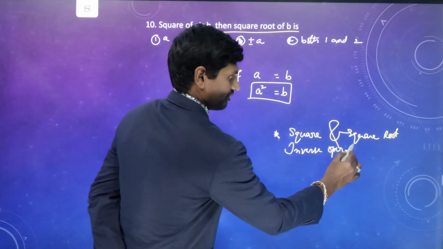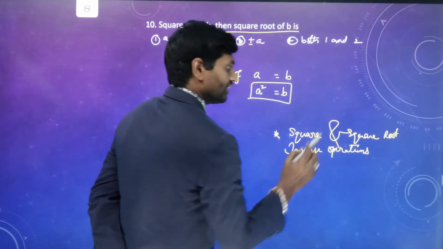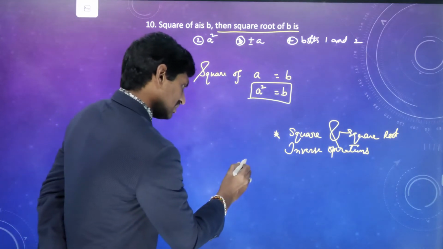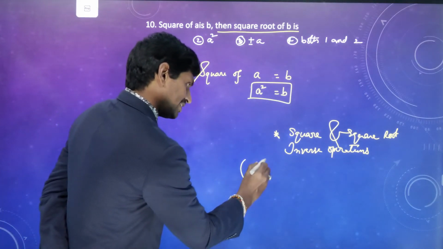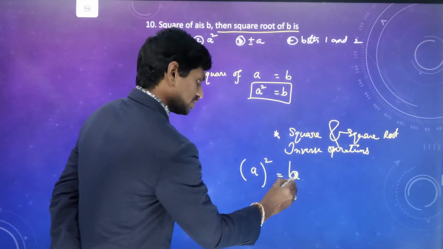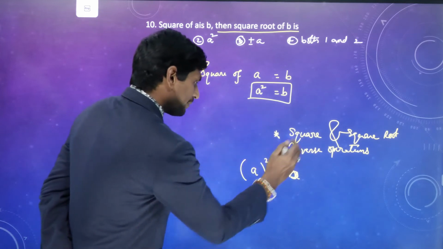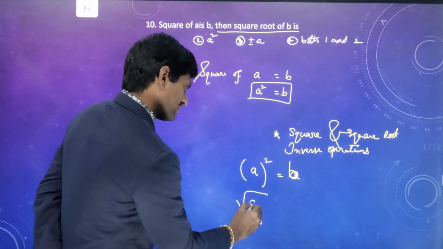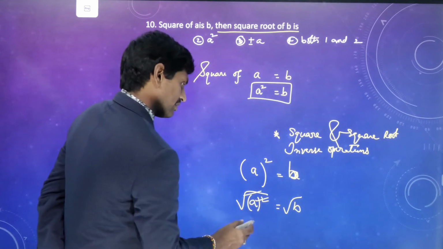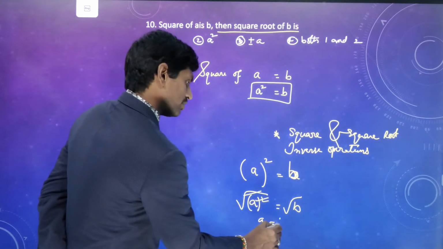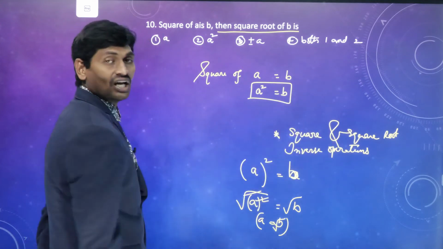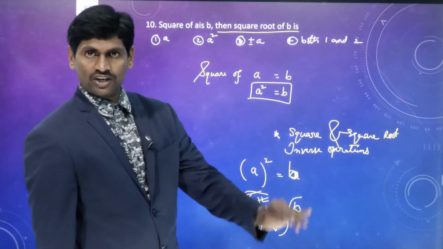So if a square equals b, while you are applying square root on both sides, the square root cancels, and the value of a is root b. Or if you transpose the square to the RHS, it will be a square root.